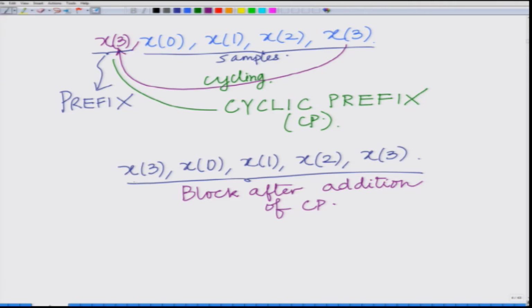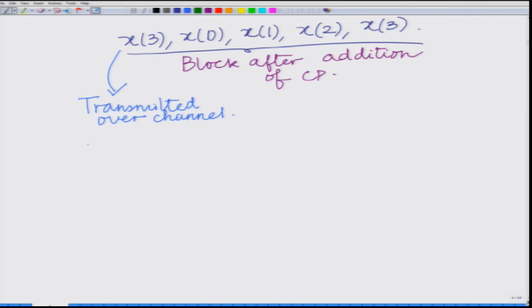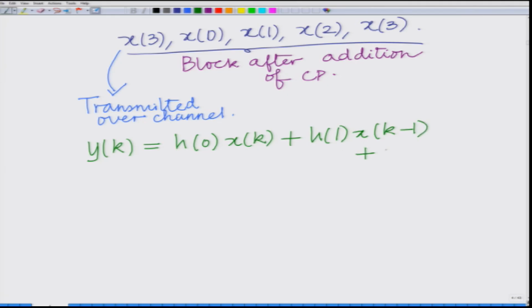This is your block after addition of the cyclic prefix, and this is then transmitted over the channel. And remember, our channel is basically the intersymbol interference channel, where yk equals h0 times xk plus h1 times xk minus 1 plus vk. This is our channel.